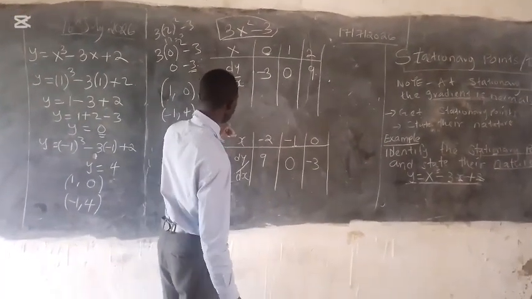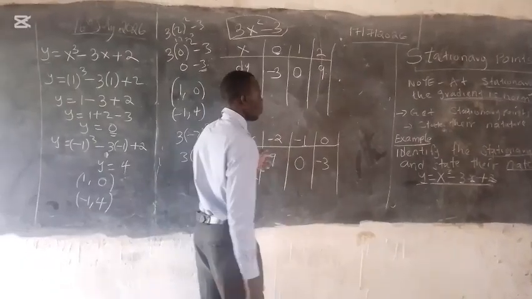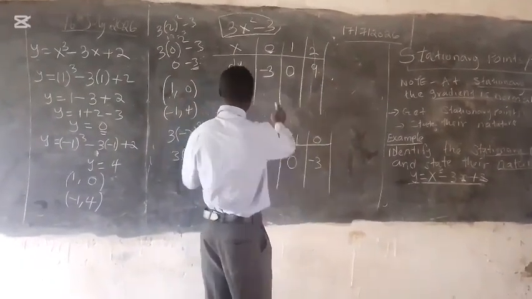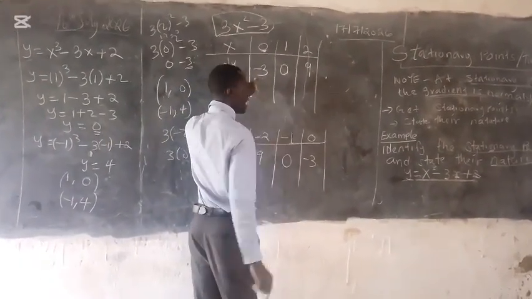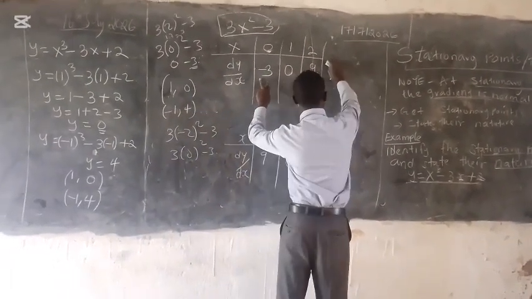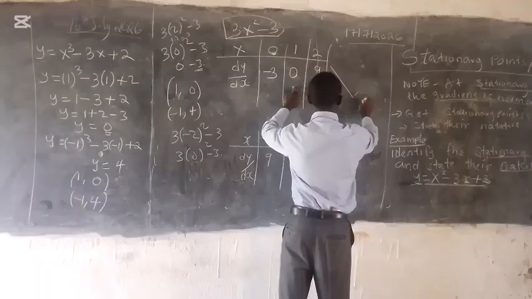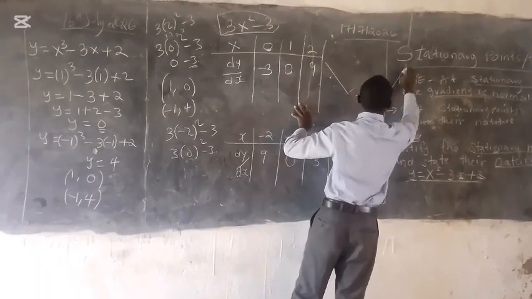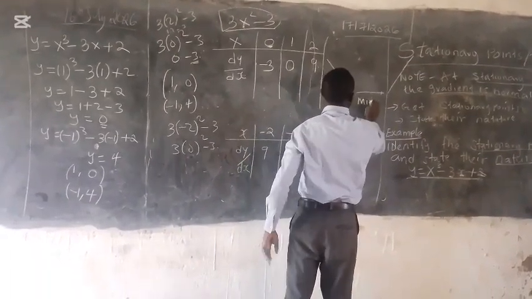Students, after filling the table, we move on to stating the nature by sketching. Now, here it is coming from the negative through 0 to the positive. So this is what we call minimum.